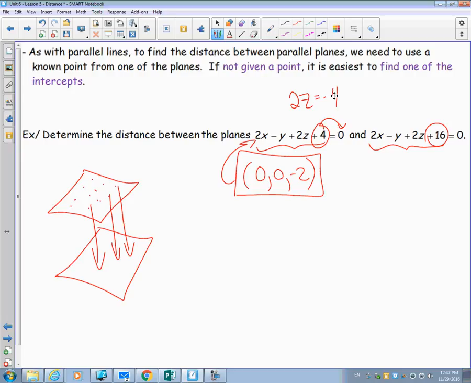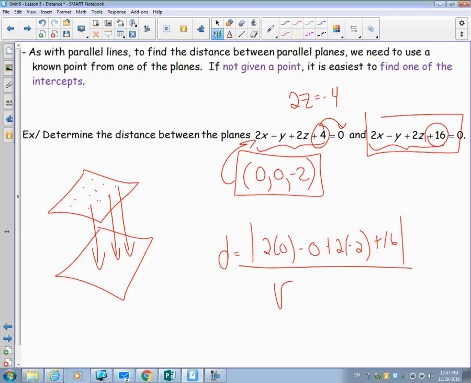If I use that with my other Cartesian equation, I can figure out the distance between a point and a plane. So our distance is the absolute of 2 times 0 minus 0 plus 2 times negative 2 plus 16, absolute, over the root of 2 squared plus negative 1 squared plus 2 squared.